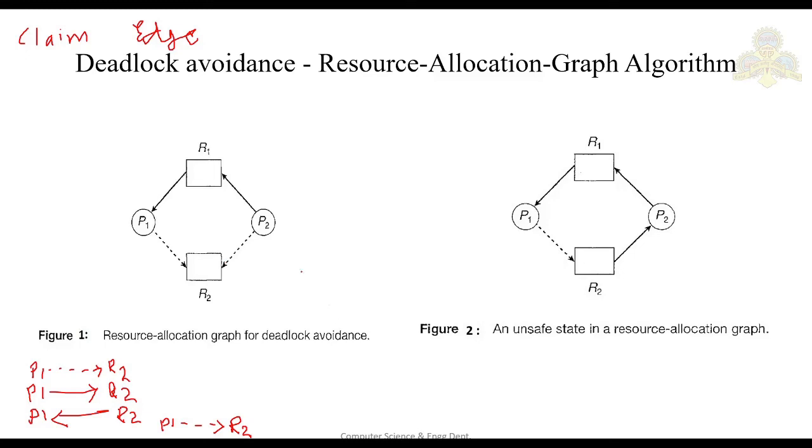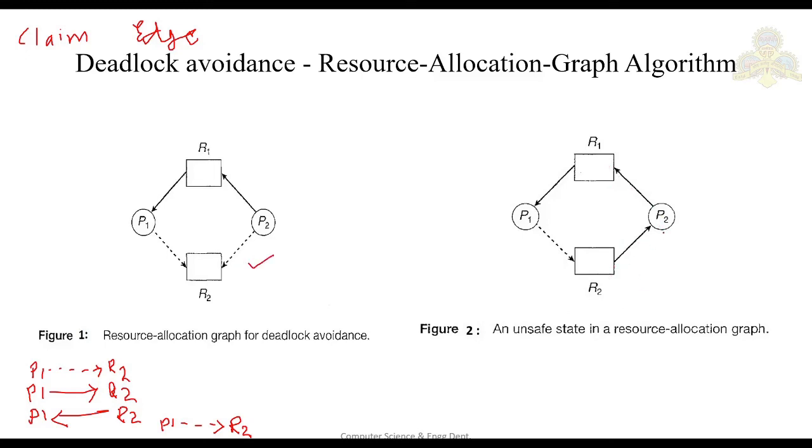Say for example, again we'll consider this graph here. Okay, so it is the same graph as your figure 1, but with a slight change. Your resource R1 has been allocated to P1, P2 is requesting R1, and previously P2 had a claim edge like this one, right?